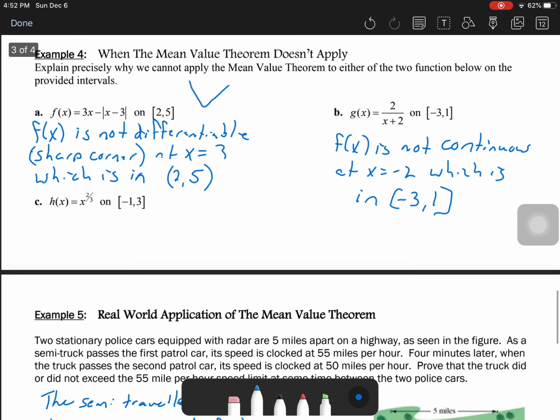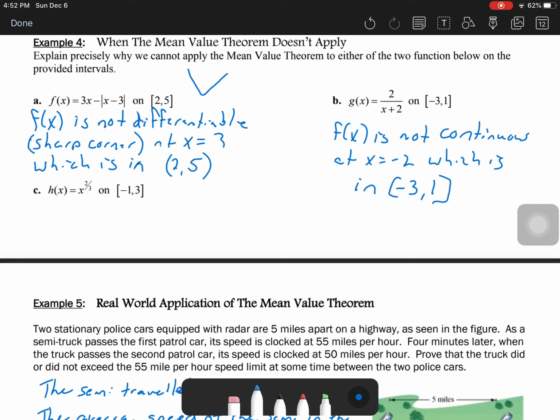Okay, and this last one might not be as clear, but if you have these rational exponents, so we're looking at differentiability here. This one's continuous. If you take a look at it on your calculator, you get a graph that looks kind of like this. And technically, what's happening is we have a vertical tangent line right there at 0.